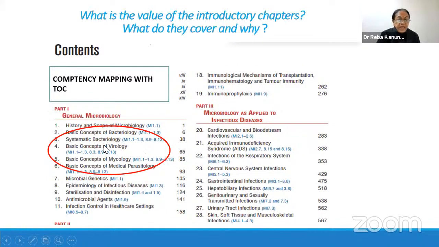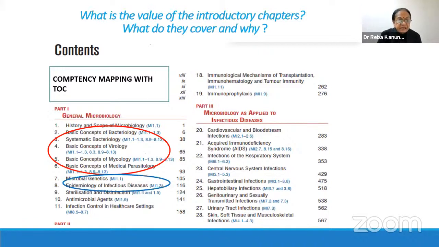And here what is discussed is just the general concept and very, very basic information, like the classification, general properties, and some of the virulence factors, which are again overarching for these organisms.